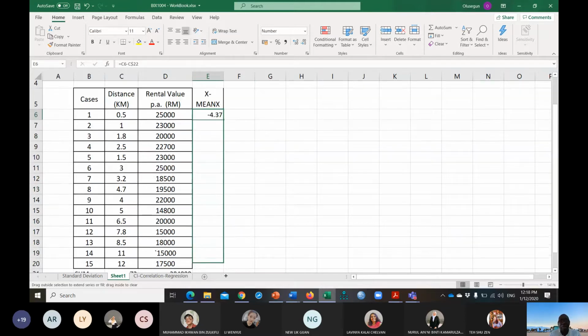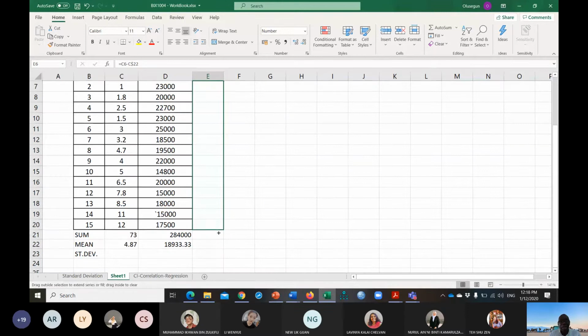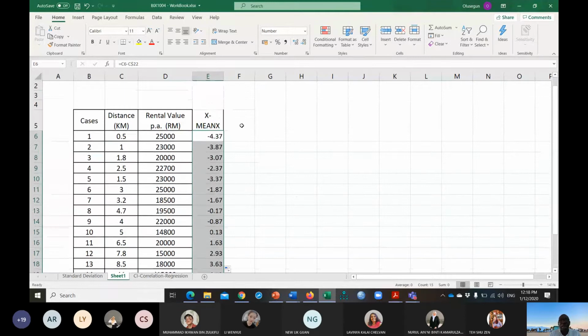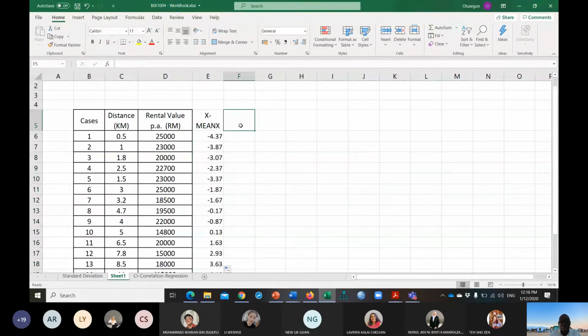This is just the steps I want you to take when you are doing it in the exam or in the test. Then we get this one. Let's say this is D. I call it DD.